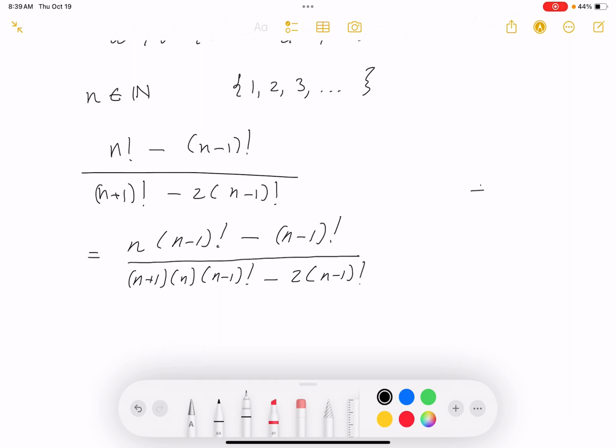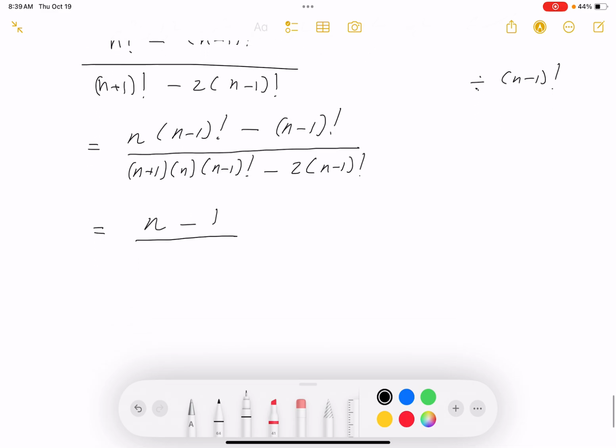Now I'm going to divide top and bottom by n minus 1 factorial. And what do you get? You get n minus 1 on top. On the bottom, you get n plus 1 times n minus 2. Getting a little bit closer.